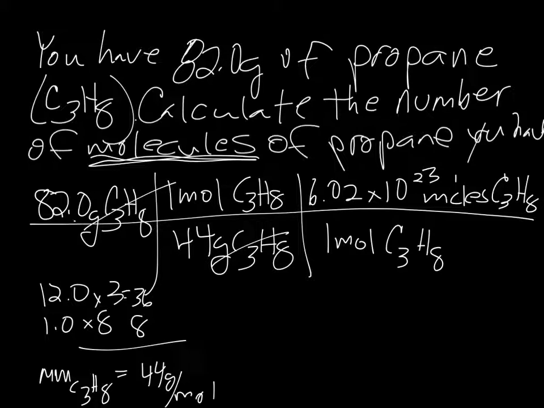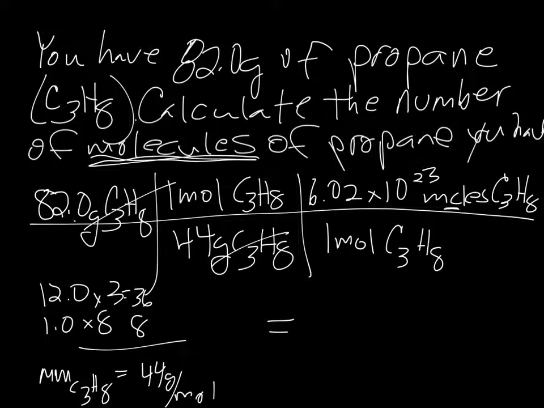Now that's how I abbreviate it, but just be careful, because that C can easily turn into an O if your handwriting is as atrocious as mine, so that can easily be misconstrued for moles. So just be careful of your abbreviations there.